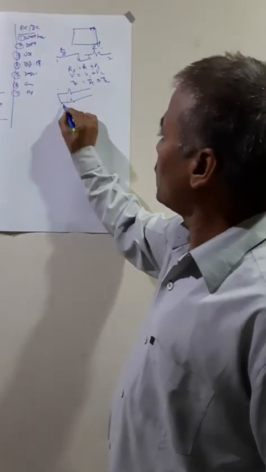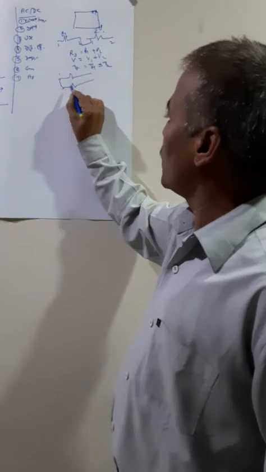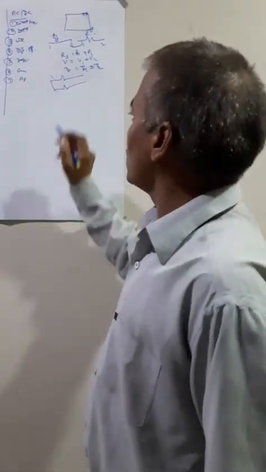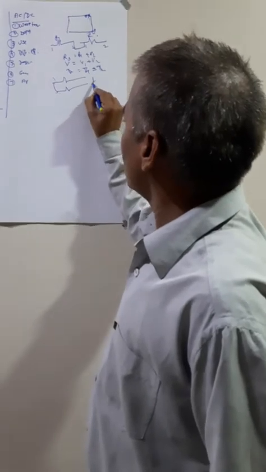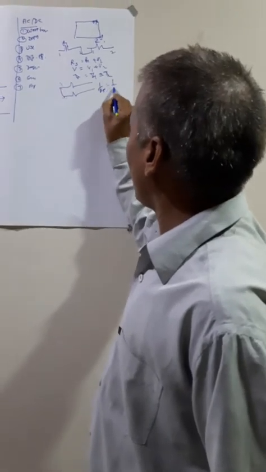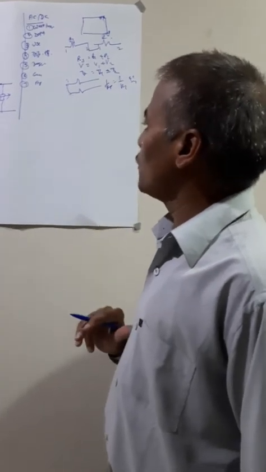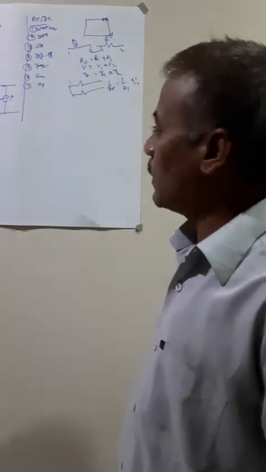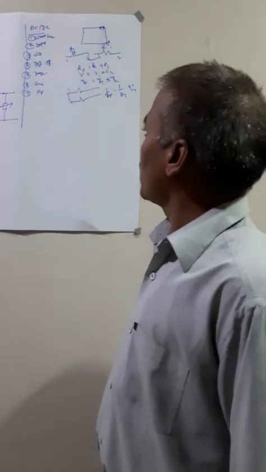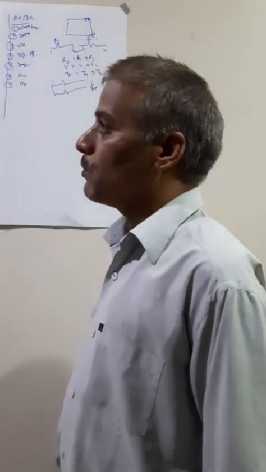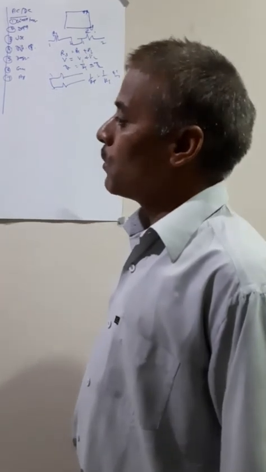Means common terminals are short circuited: 1 is short circuited and 2 is short circuited. Here the equivalent resistance is 1 upon Rp equal to 1 by R1 plus 1 by R2. The current flowing is I equal to I1 plus I2. The voltage is common, V is equal to V1 is equal to V2.